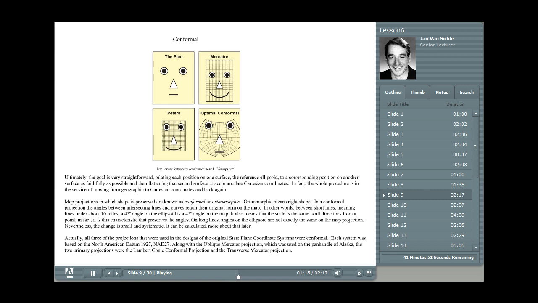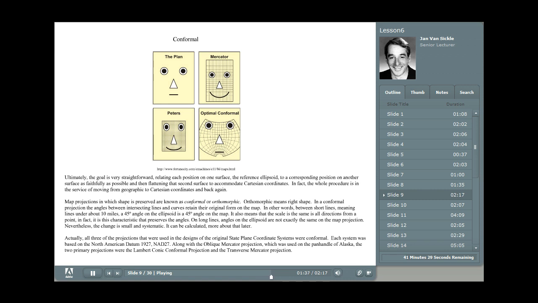In other words, between short lines, meaning lines under, let's say, 10 miles, 45 degrees on the ellipsoid would be 45 degrees on the map, and the scale is the same in all directions from a point. This is the characteristic. The scale actually is what preserves the angles.